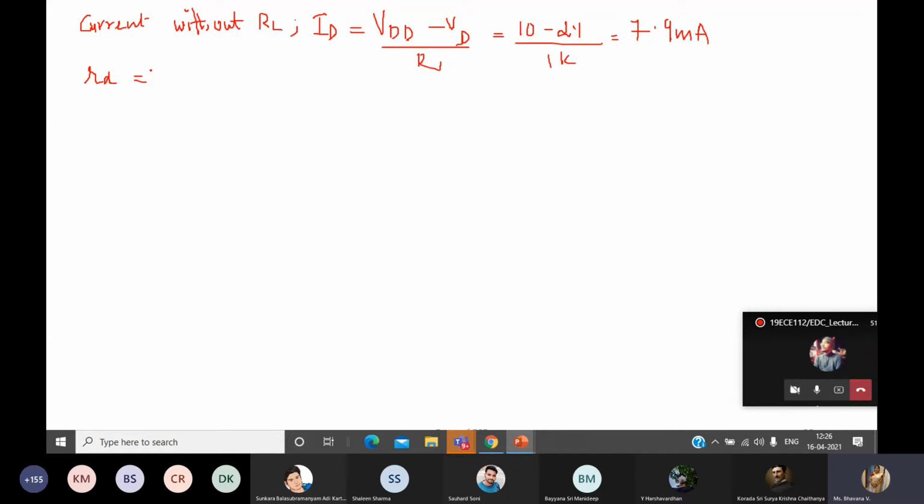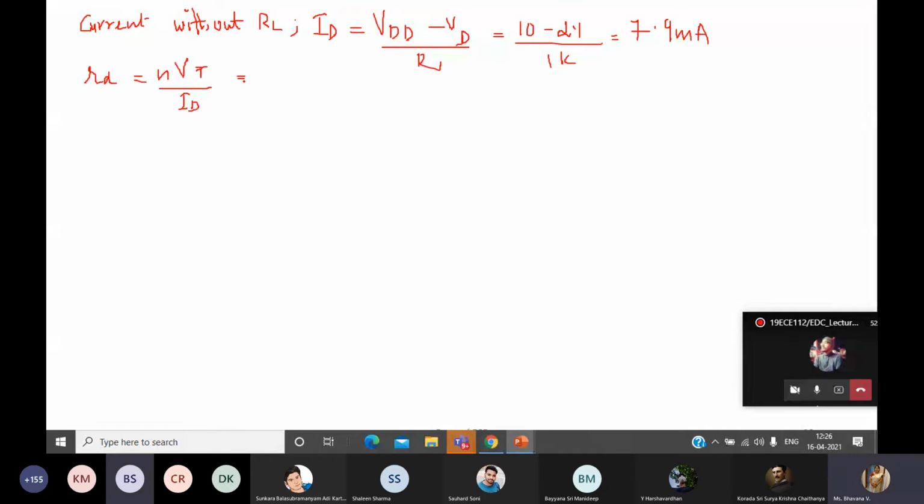Find out RD. So what is RD? n VT by ID. Wherever you are using small signal model, you need to find out RD. Calculate RD using the equation n VT by ID. What is the answer?